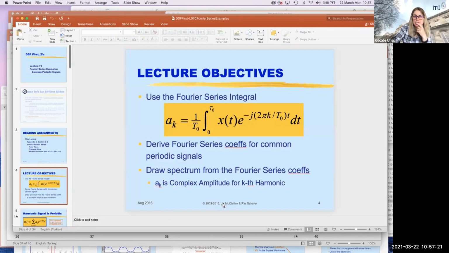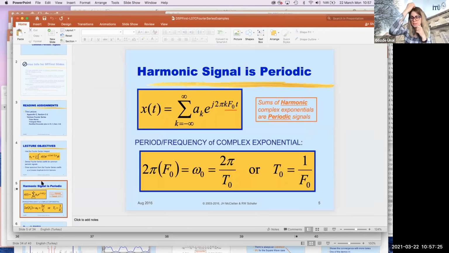So guys, let's see. We've already derived the Fourier series coefficients. A harmonic signal is periodic. We said this last time. If I sum harmonic complex exponentials, I get a periodic signal. Okay. Actually, now I believe we should also touch upon that point.